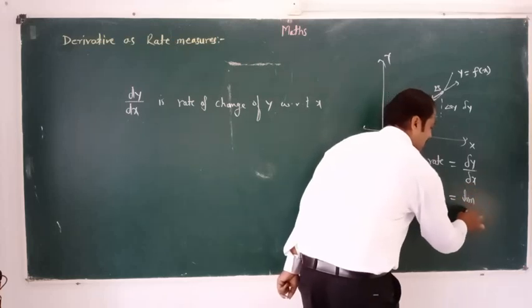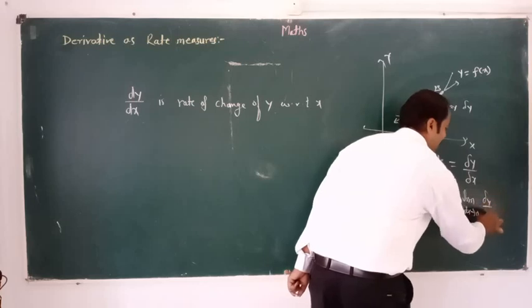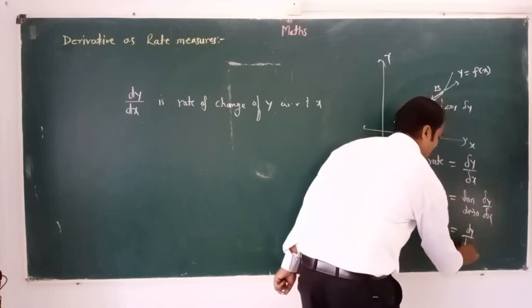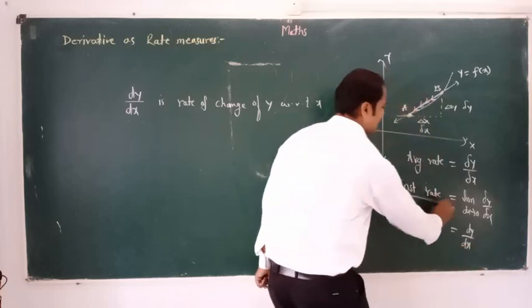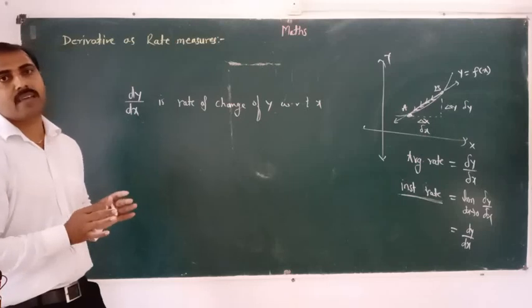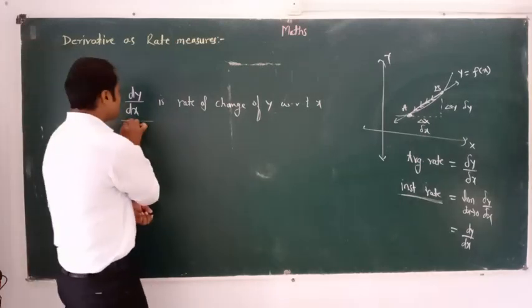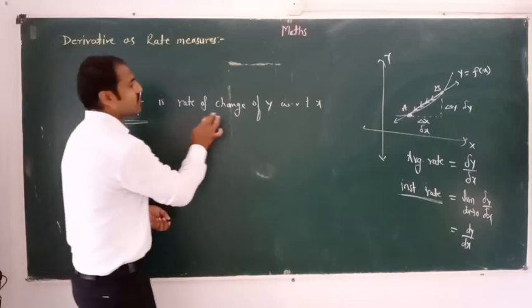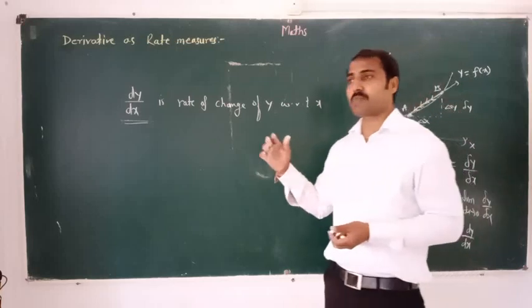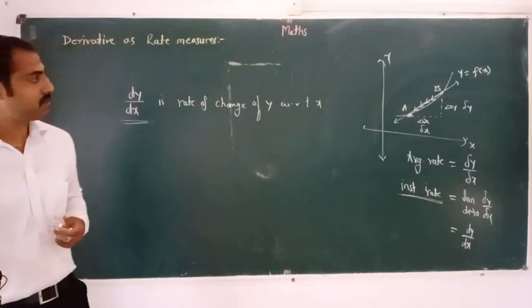This is the limit delta x tends to 0 of delta y by delta x, and it is nothing but dy by dx, the instantaneous rate of change of y with respect to x. Just remember the meaning of dy by dx is the rate of change of y with respect to x. y मध्ये घडणारा बदल with respect to x मध्ये घडणाऱ्या बदलाबद्दल, बरोबर.